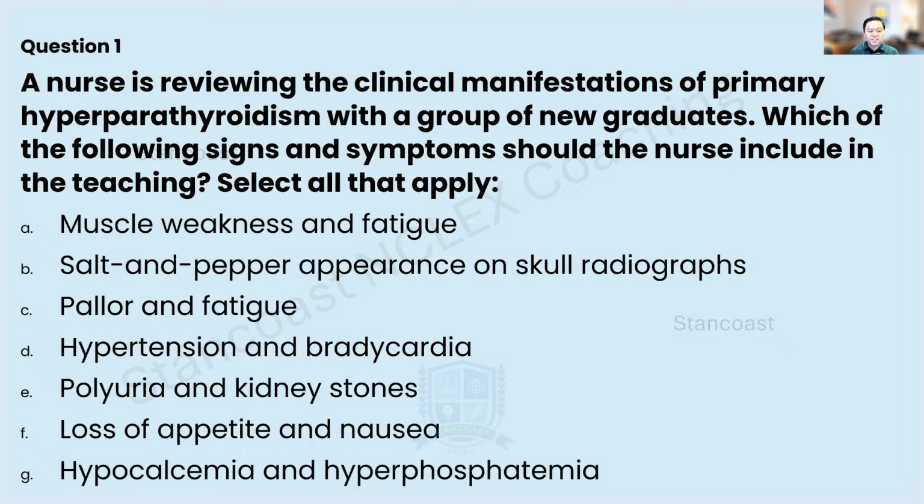B, salt and pepper appearance on skull radiographs. C, pallor and fatigue. D, hypertension and bradycardia. E, polyuria and kidney stones. F, loss of appetite and nausea. And letter G, hypocalcemia and hyperphosphatemia.